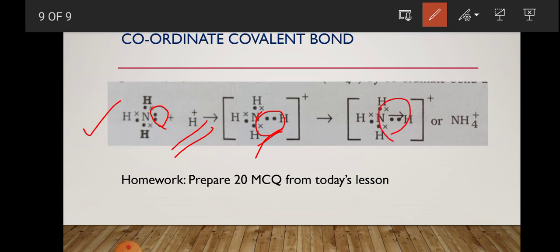The difference between a coordinate covalent bond and a covalent bond is that in a coordinate covalent bond, the sharing pair comes from only one atom, and in a covalent bond, the sharing pair of electrons comes from both atoms.